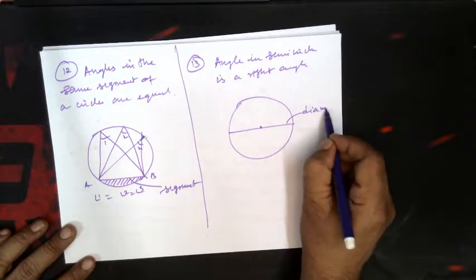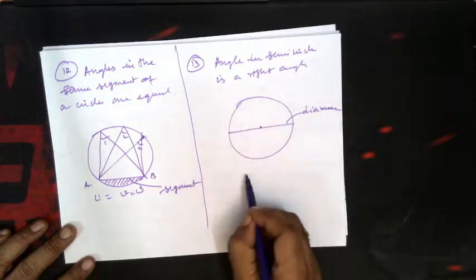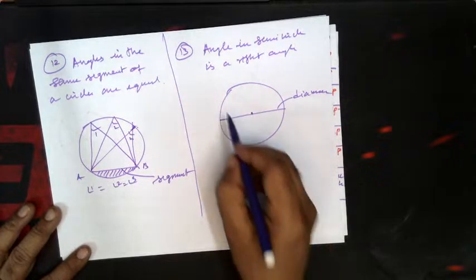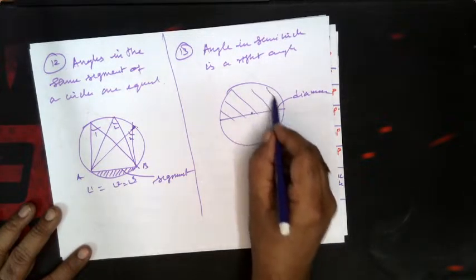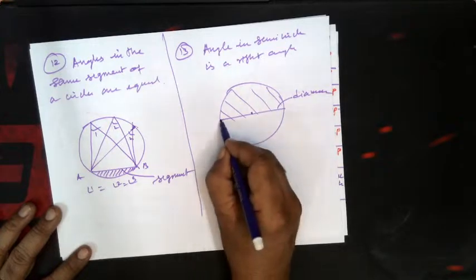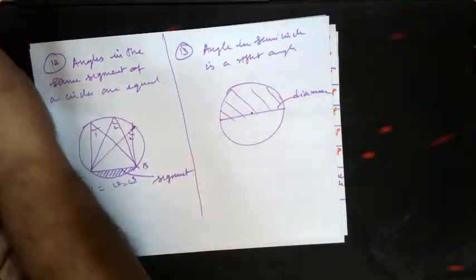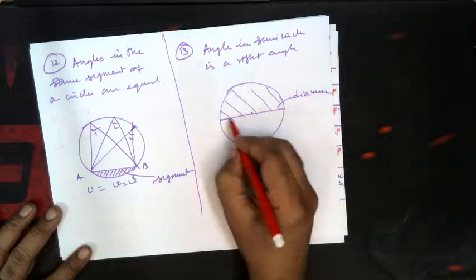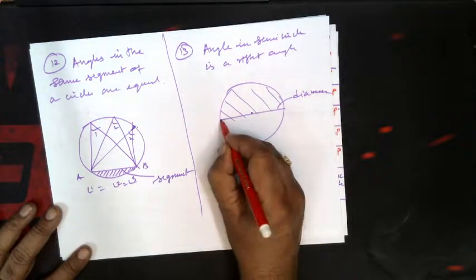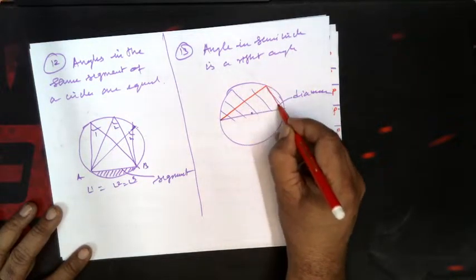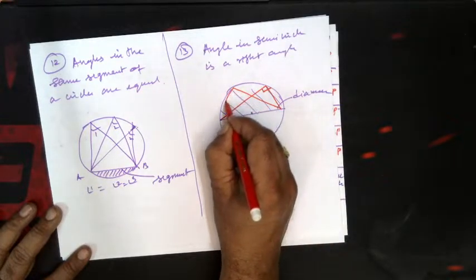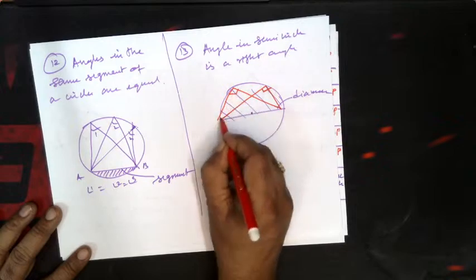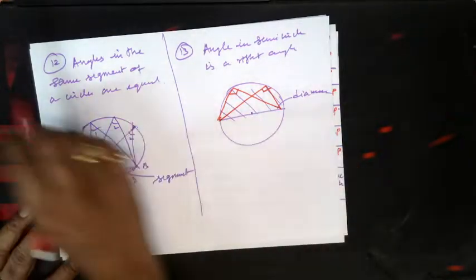Therefore, this part is a semicircle. The angle subtended by it, on this portion, will be 90 degrees. You can draw another, this is also 90 degrees. You can have n number of angles, all of them will be 90 degrees only.